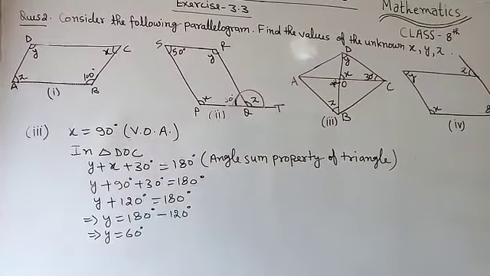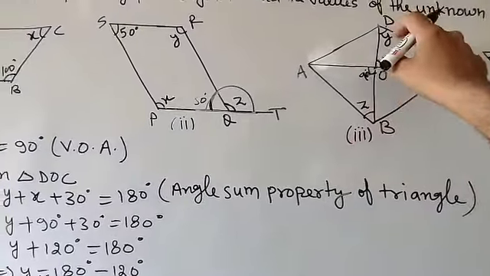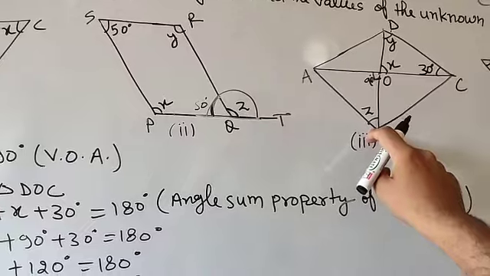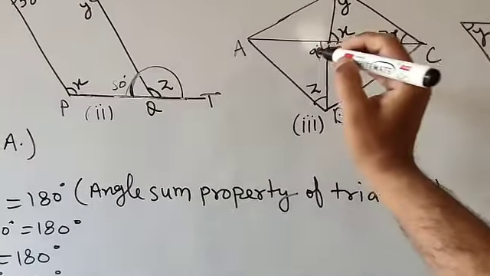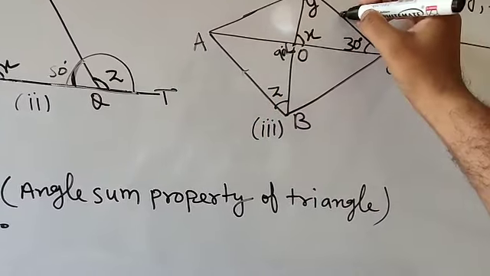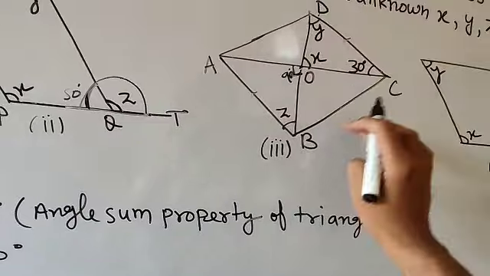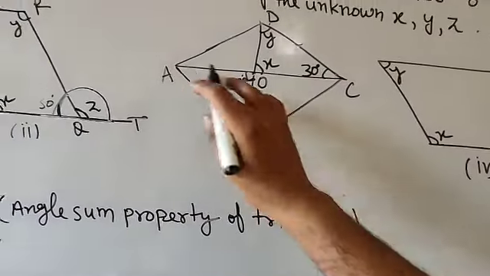Now students, you need to find the value of Z. You got the value of X and Y. Here you need to find the value of Z. So students, all of you know that in a parallelogram opposite sides are parallel. It means AB and CD are parallel as well as AD and BC are parallel. So I am going to draw AB and DC separately.